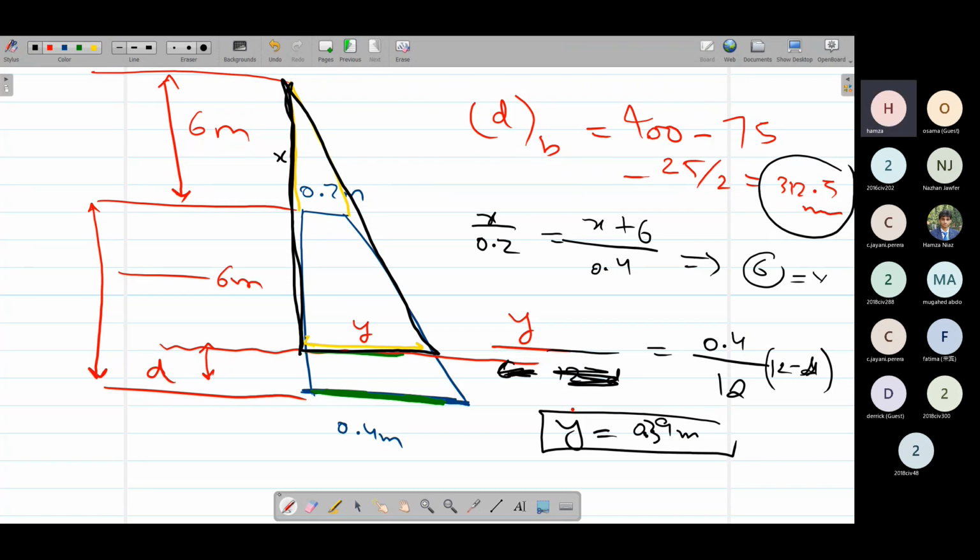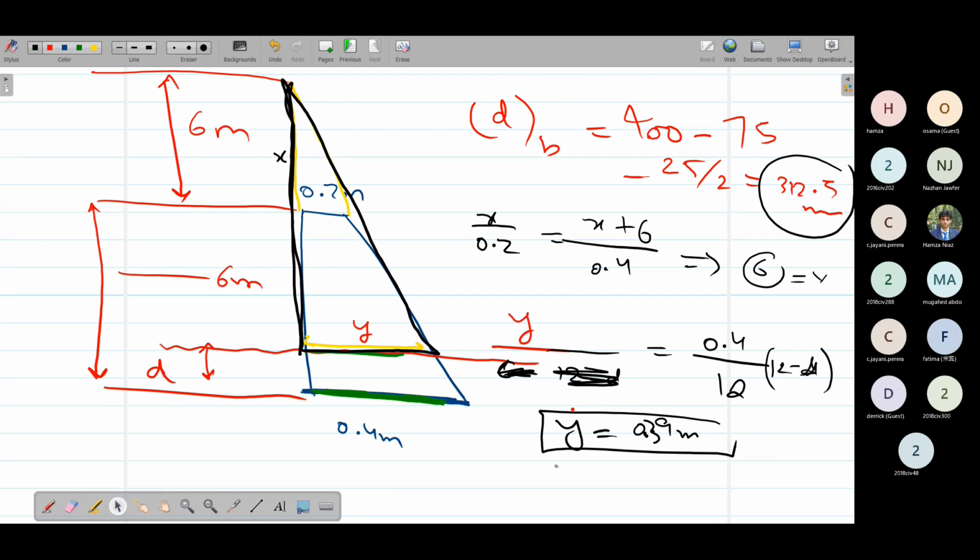Okay, so this way we have calculated the depth of concrete at the critical section. Now the critical effective depth dc at this critical section would be 390 minus 75 minus d by 2, so 25 by 2, half the diameter of the bar.